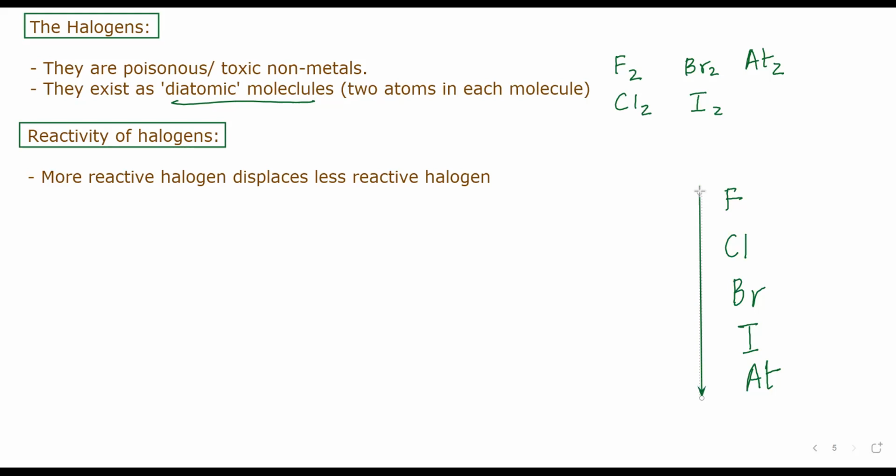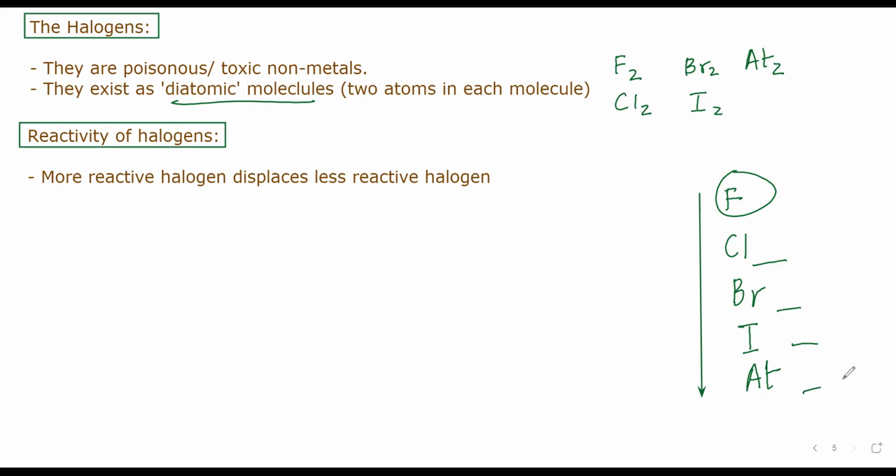This is halogens. Group 1 reactivity increases as we go down the group; halogens reactivity decreases as we go down the group. So fluorine is more reactive than chlorine, bromine, iodine, astatine.